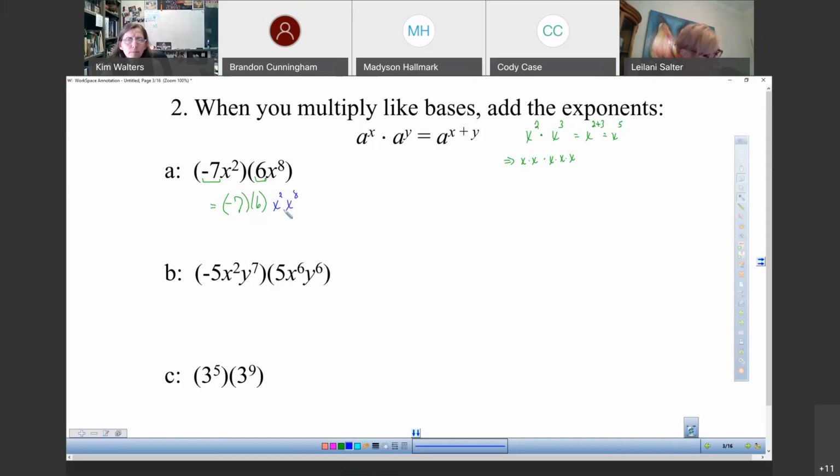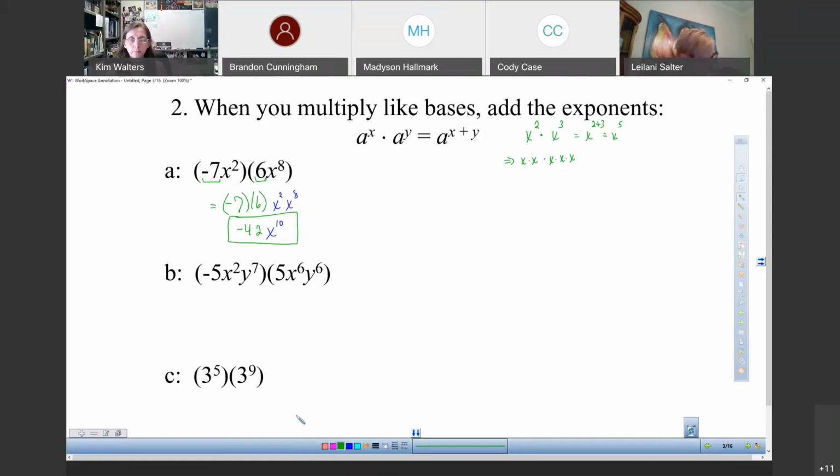And so this part is going to give me x to the 10th power. And then negative 7 times positive 6 is going to give me negative 42. And so my final answer here is negative 42 x to the 10th. And that's it. That's my final answer. Okay. Numbers times numbers, x's times x's. The next one, y's times y's. Okay. All of those good things.